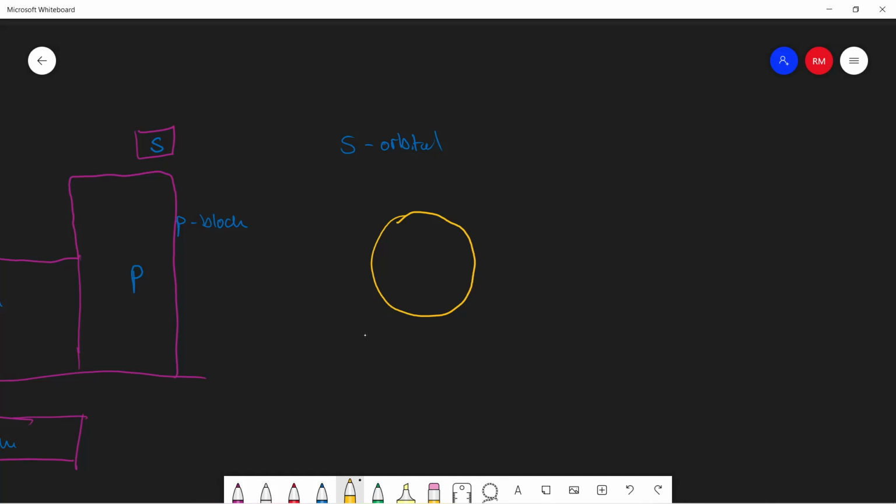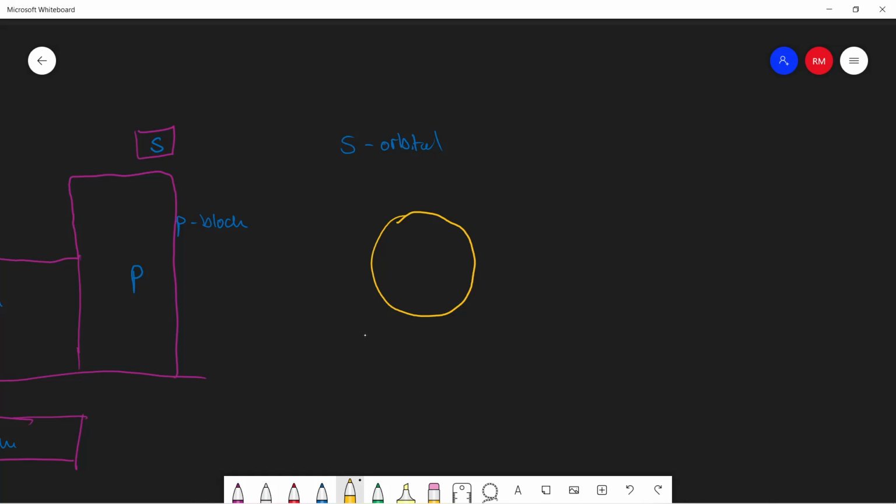And each orbital, it's complicated to think about in the fact that the s orbital holds up to 2 electrons.